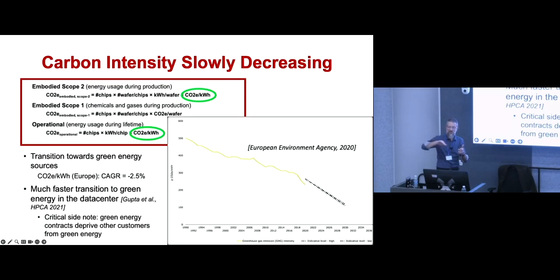Electricity use is increasing very rapidly, but the carbon is not increasing as fast, and that's because of the use of green energy. They generate their own green energy, or they use contracts with electricity providers.